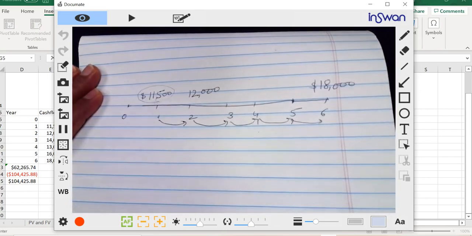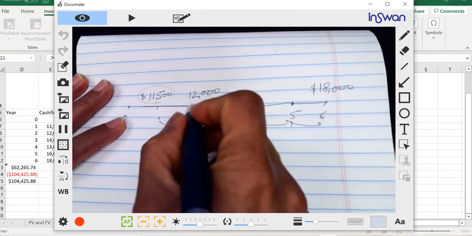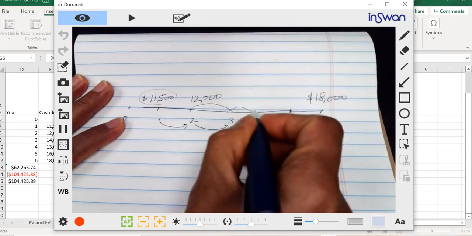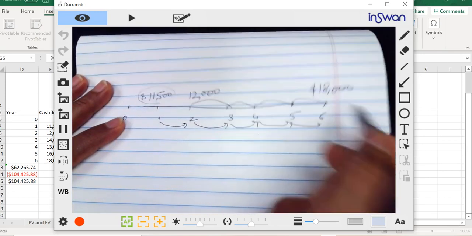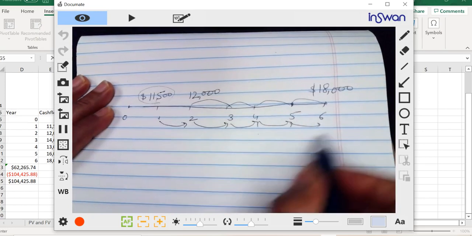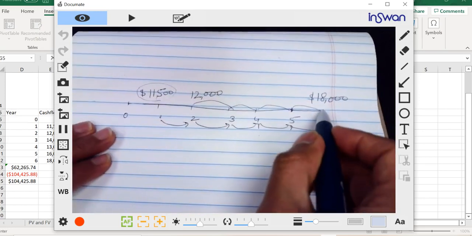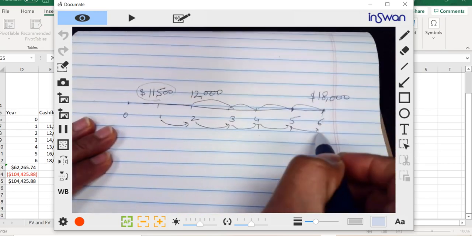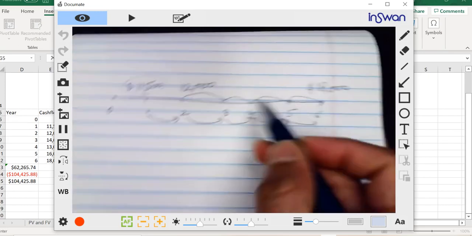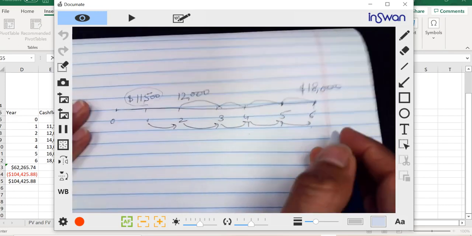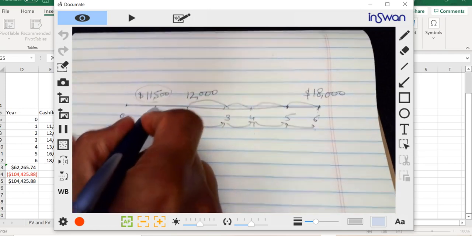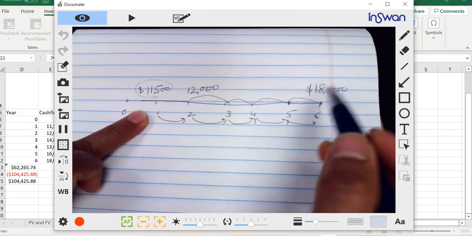And for this one, it would be 1, 2, 3, and 4. So basically, how it is working is the total time, which is 6 years, up to 6 years it has to stay invested, minus 1. So it will stay invested for 5 years.